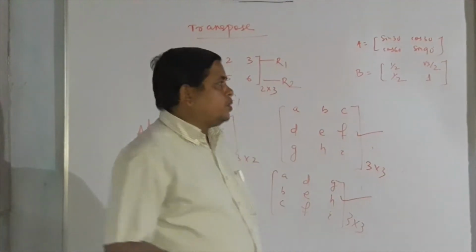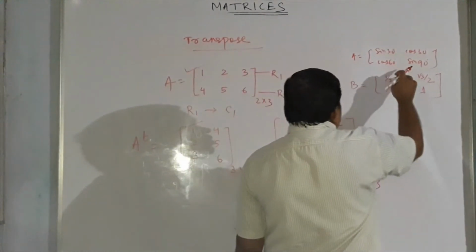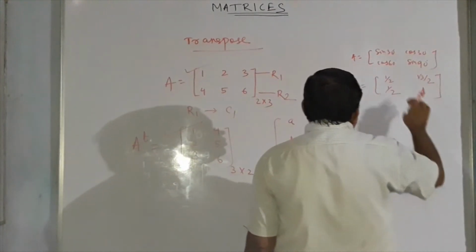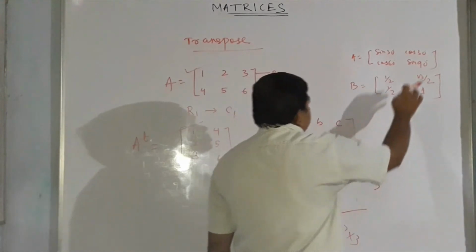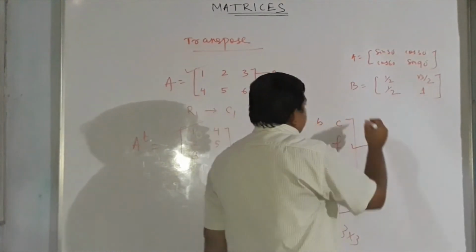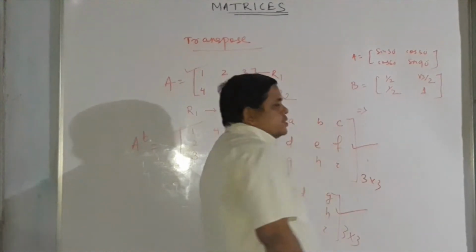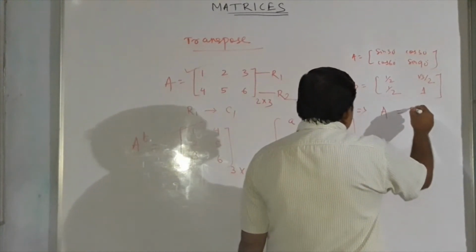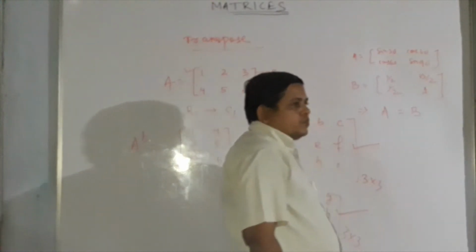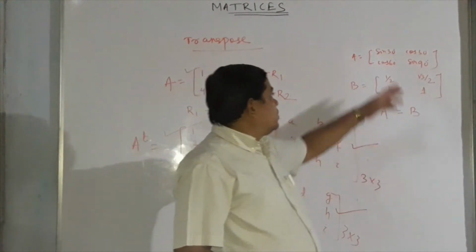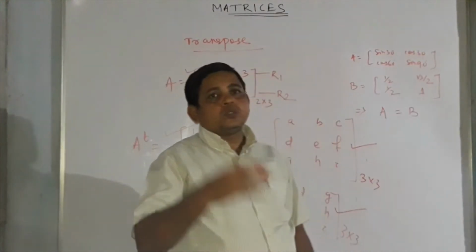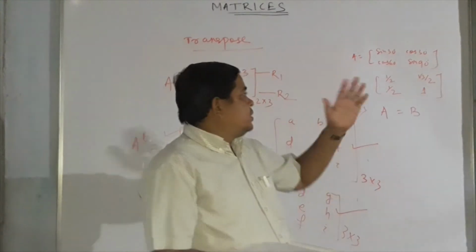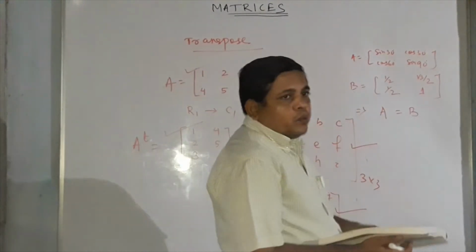Definitely A equal to B, because the value of sin 30 is 1 by 2, cos 30 is root 3 by 2, cos 60 is equal to 1 by 2, sin 90 is equal to 1. That means you can give an implication mark, then you can write matrix A is equal to matrix B. You will say, sir, here they are not equal? No, their values are equal, that's why you can write A is equal to B.